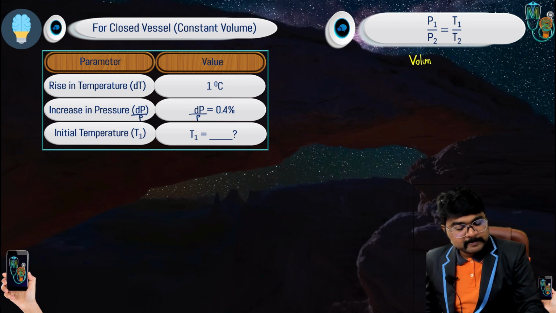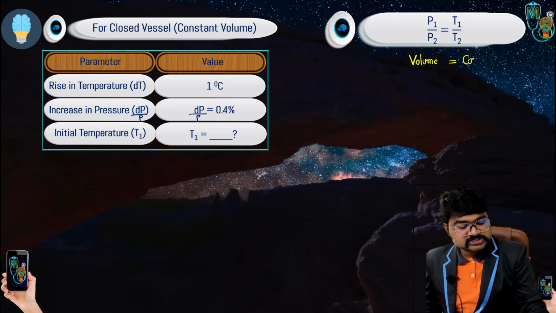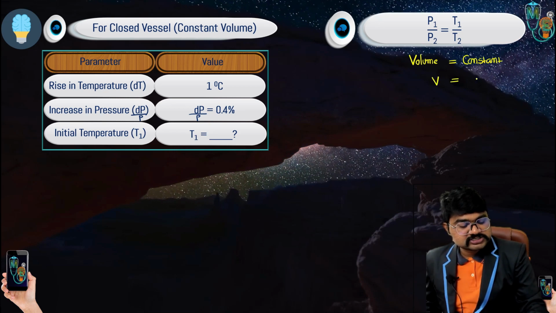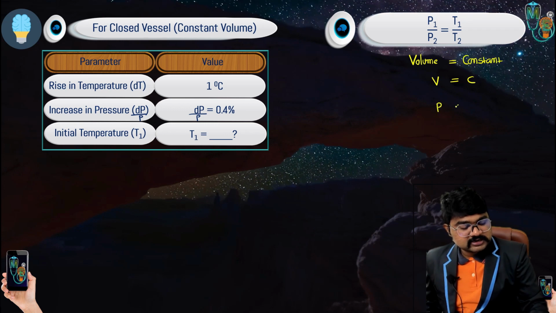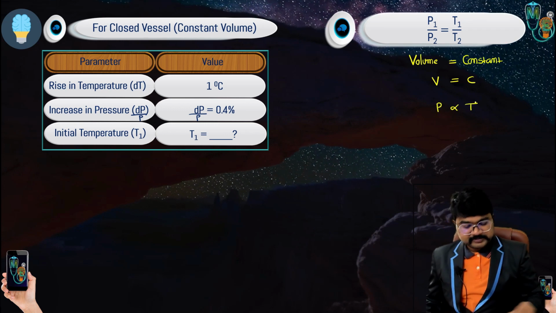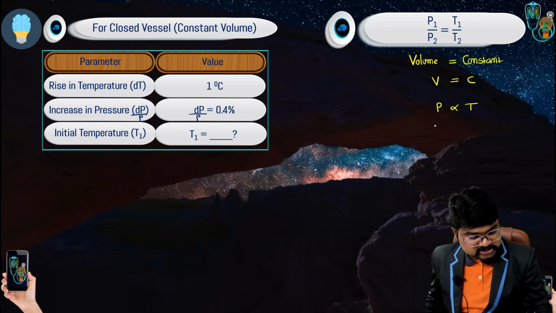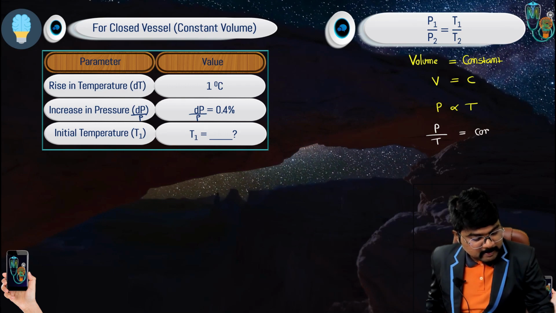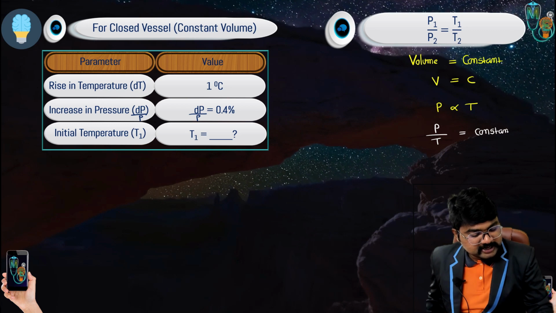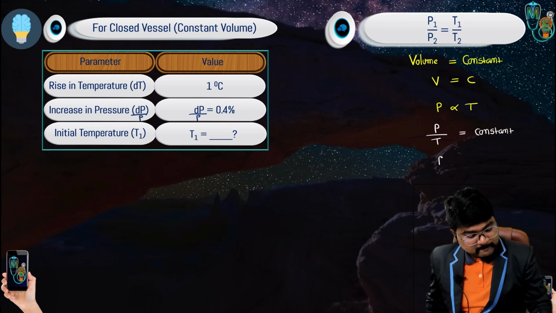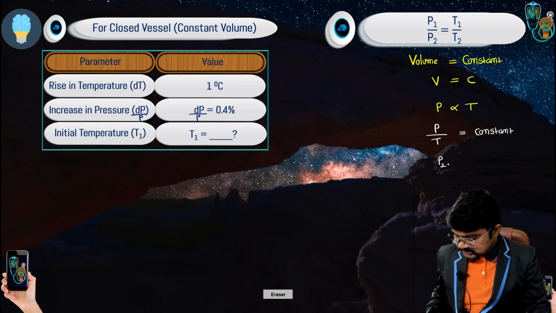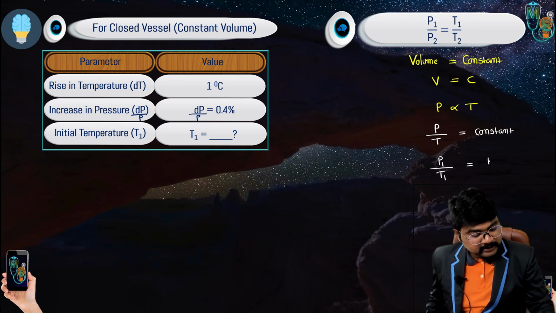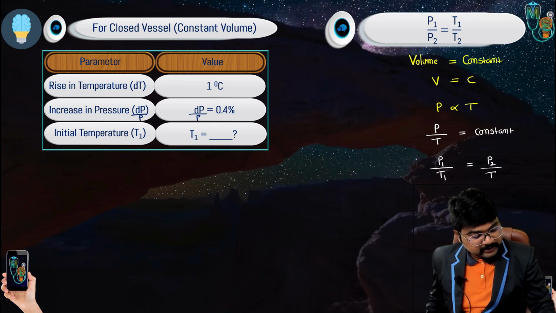Volume is constant, that means V equals C. Pressure is directly proportional to temperature, then P by T equals constant. Here you can write P1 by T1 equals P2 by T2.